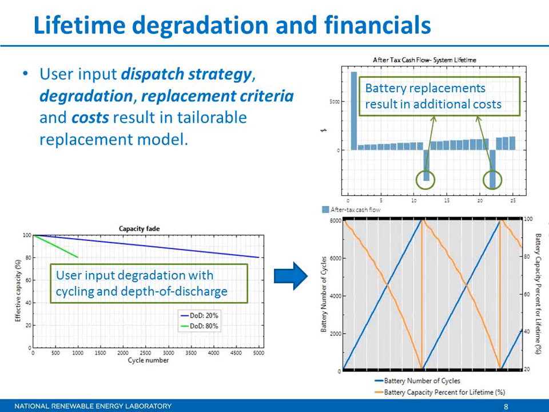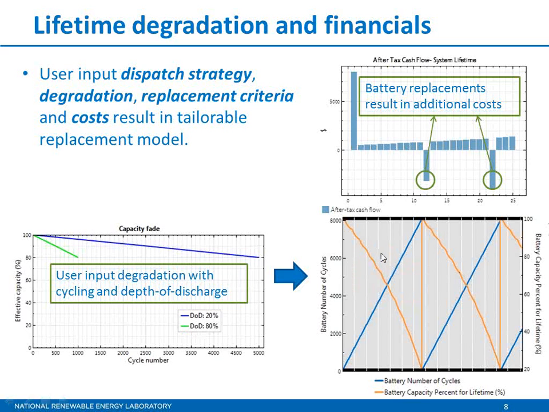Right now we have a user input degradation curve versus depth of discharge and number of cycles, with the idea that you could get at least some of this information from a battery data sheet. And down the road, we would like to add some more complex models. There's a lot that goes into it, so it's a challenging modeling endeavor.